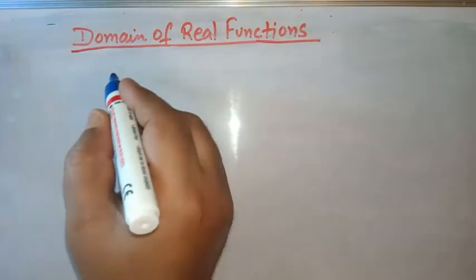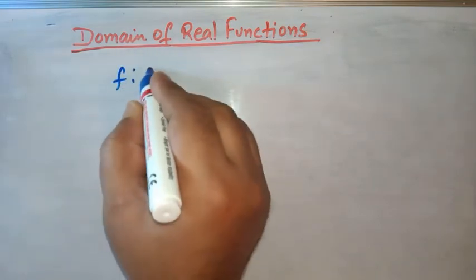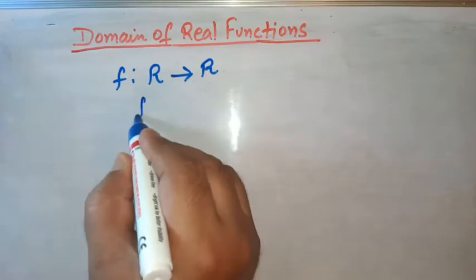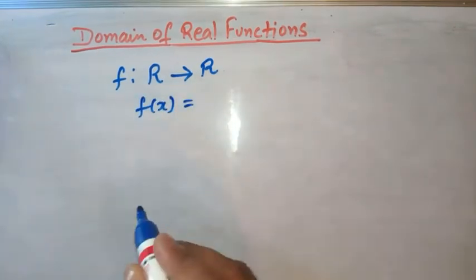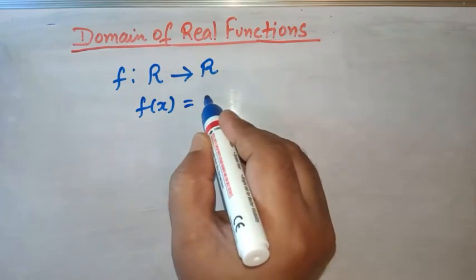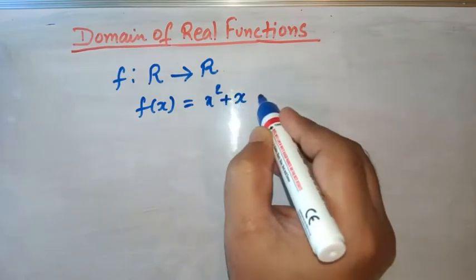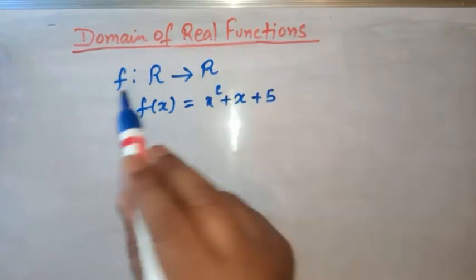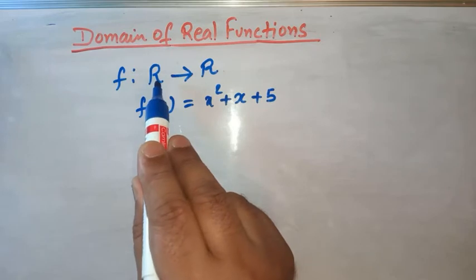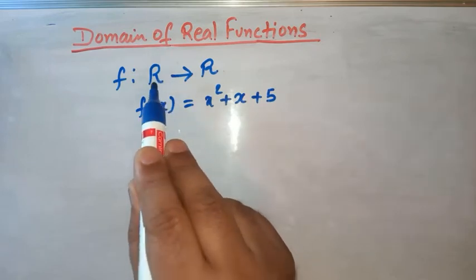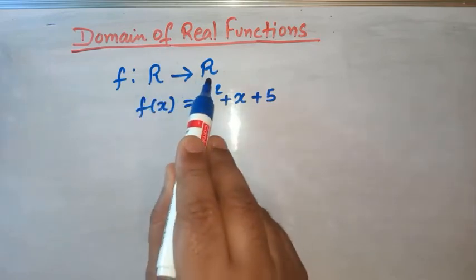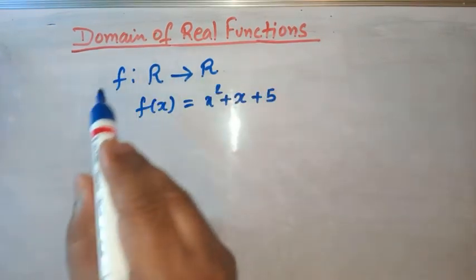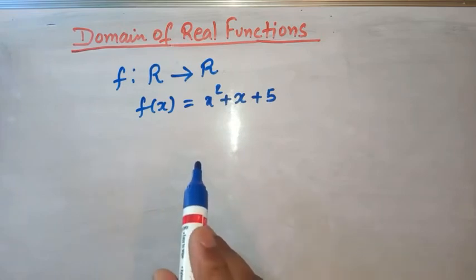Suppose we have a function f from the set of real numbers to real numbers, and we have a function f(x) equal to x square plus x plus 5. Clear? So obviously this function f is defined from the set of real numbers to the set of real numbers, and hence this function is a real valued function.